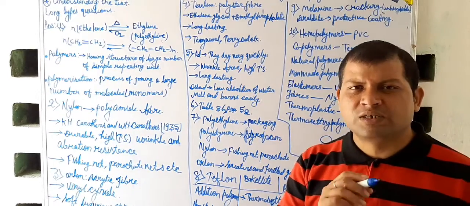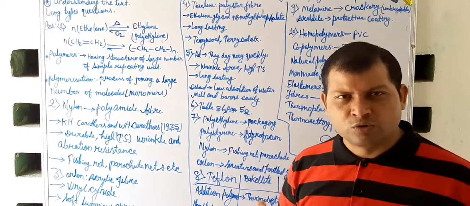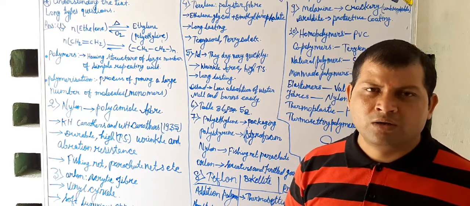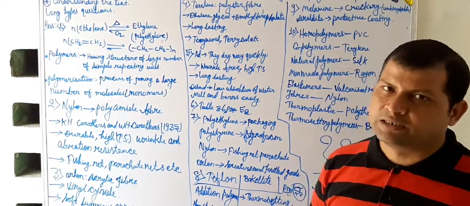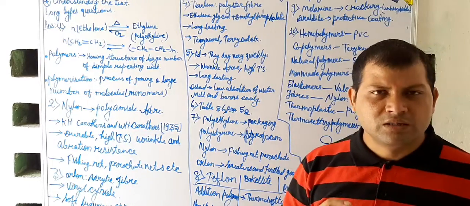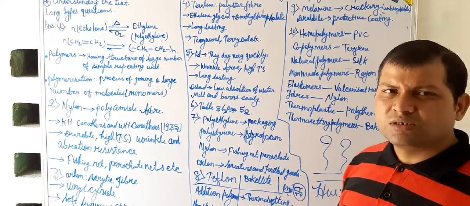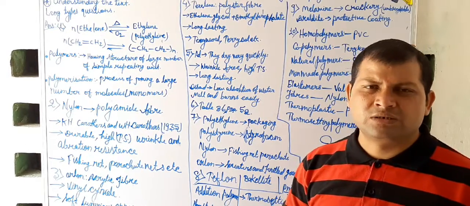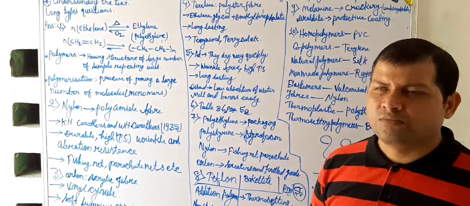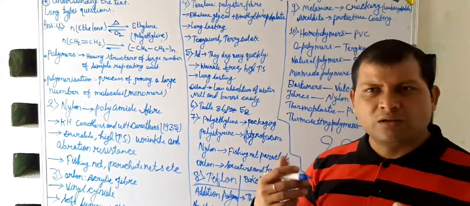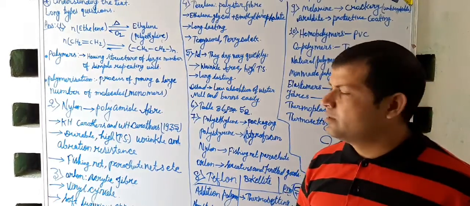The main advantage is that they dry very quickly, so they are very useful to wear in the rainy season, because in the rainy season there is no sunlight all the time, so in low sunlight the synthetic clothes may dry.